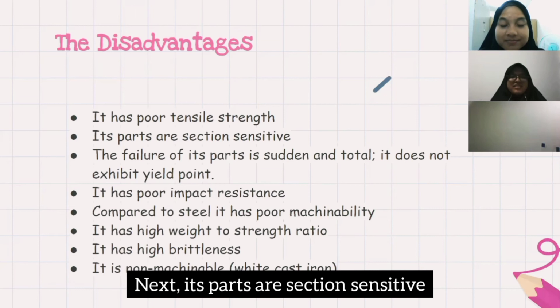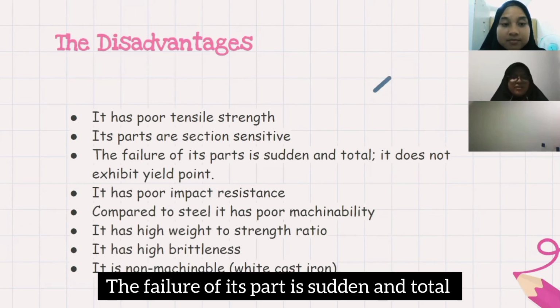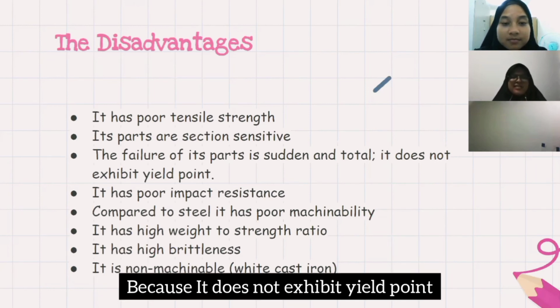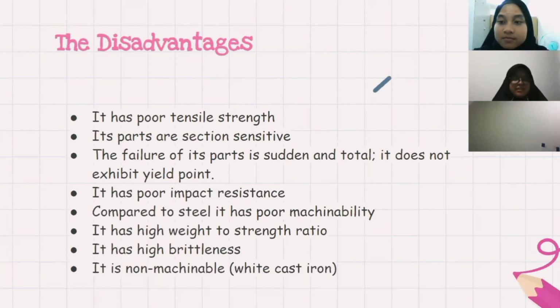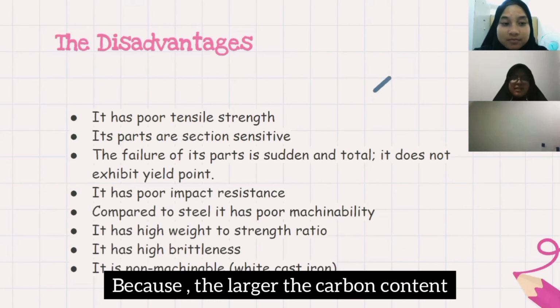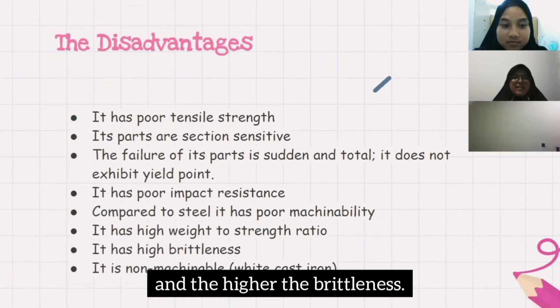Next, its parts are section sensitive. This is due to slow cooling of thick sections. Failure of its parts is sudden and total because it does not exhibit a yield point. It has poor impact resistance because the larger the carbon content, the lower the ductility and the higher the brittleness.